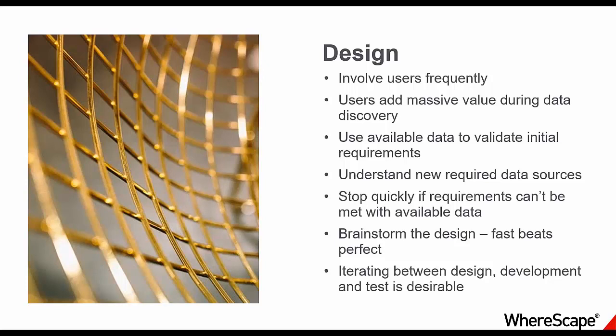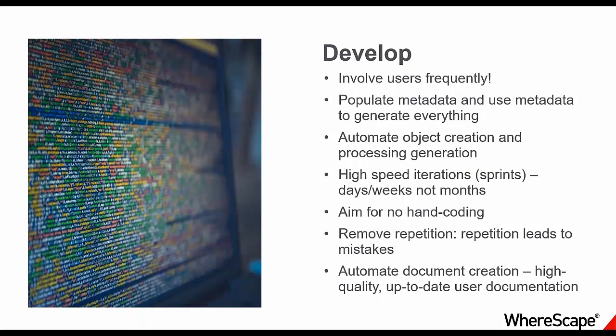Okay, let's look at development. So development automation. Again, keep your users involved. Use metadata. By that we mean every time you discover something about the source system and what's in a particular attribute and its usage and data quality issues, make sure you have a place to capture that.